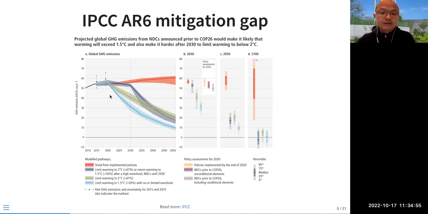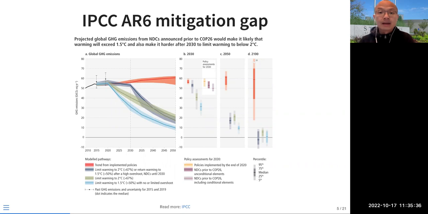And the trend from implemented policies here, and even including the announced nationally determined contributions, NDC, is following this path. Some are conditional, some are unconditional, including all unconditional elements. It's possible we can achieve the 2 degrees C target, but still fall short of the 1.5 degrees C goal.